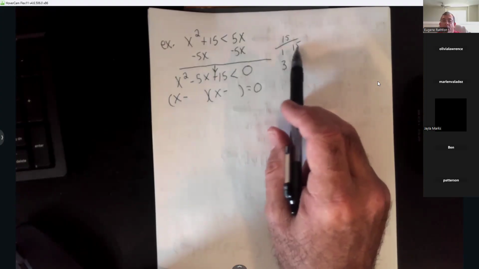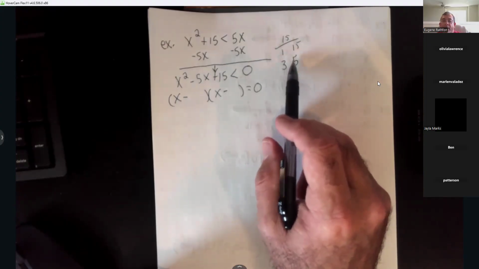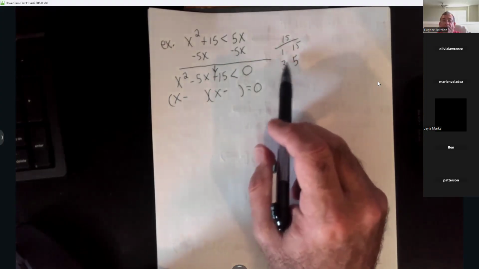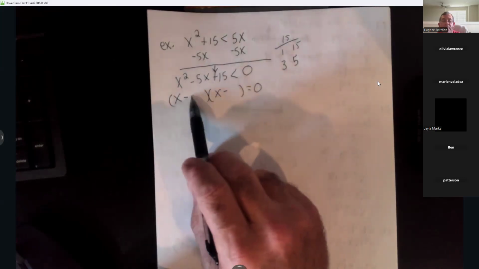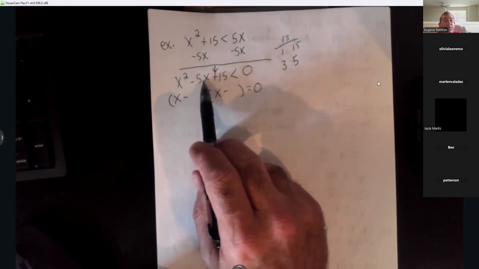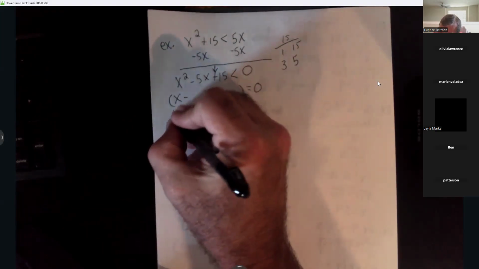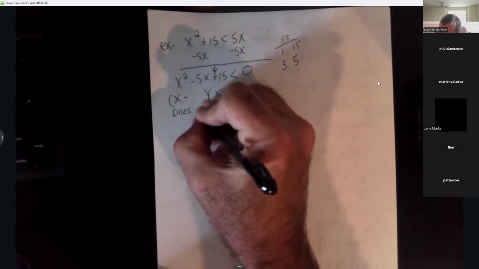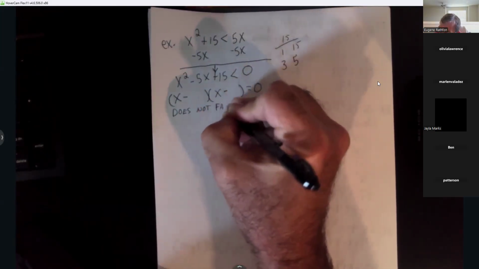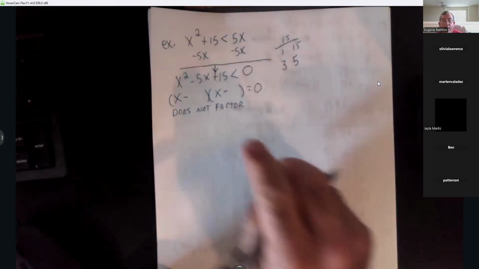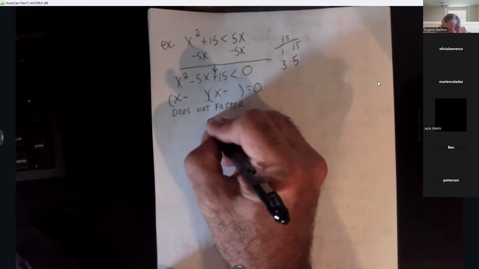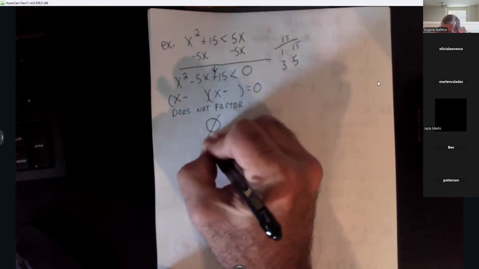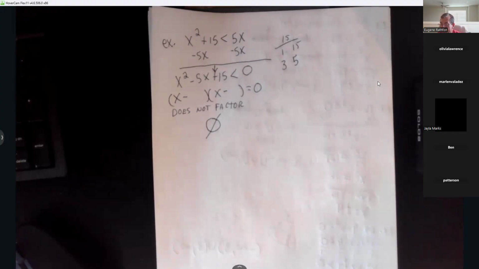Well, y'all, these two don't add to 5. So there are no numbers I can put in here that will satisfy this polynomial. So this one does not factor, so this is a no solution.